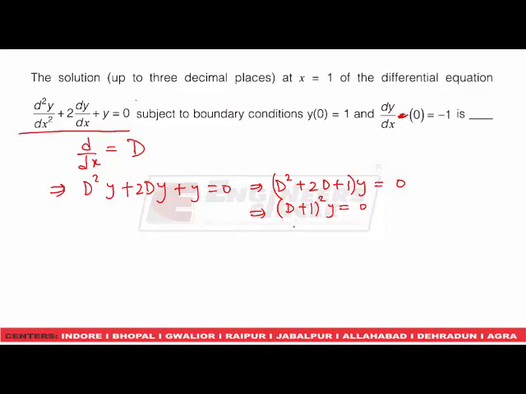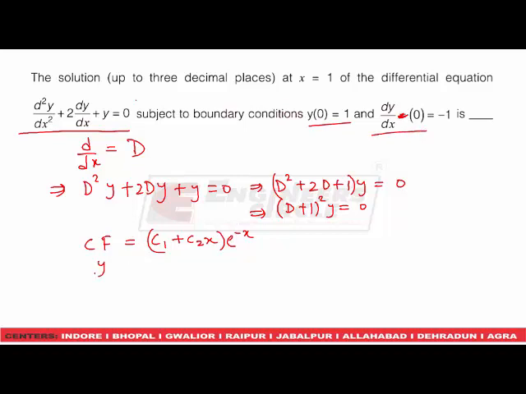So the roots of this equation are both the same, that is minus 1. Since the roots are minus 1, we can take the complementary function as (c1 plus c2 x) into e to the power minus x. Now for this complementary function we have two boundary conditions.